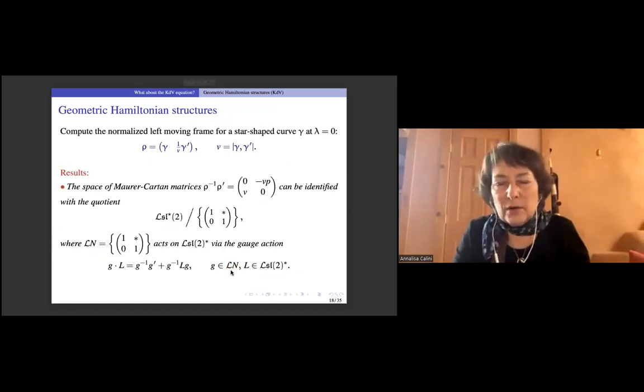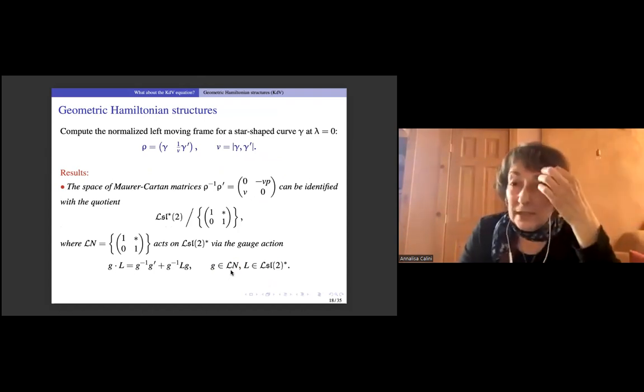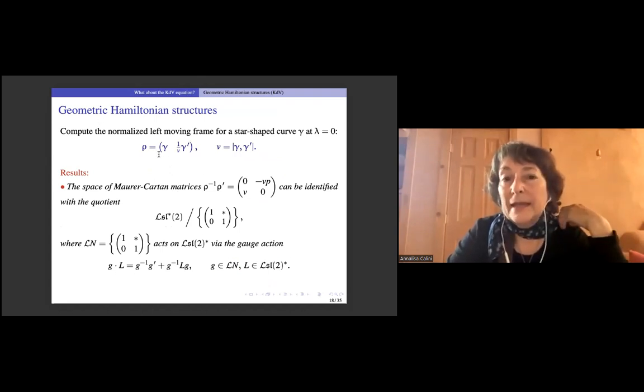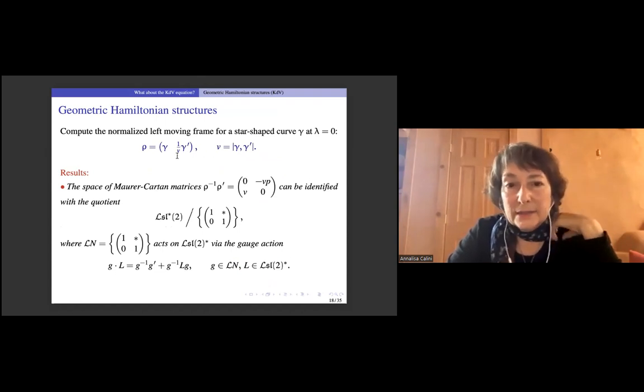So the way it works in a nutshell, I know this is a little technical, what we do really is we look at a moving frame. Now there it is, lambda equal to 0. I did not choose arc length, so now the centroaffine speed is coming in. And once you look at the matrix of invariants, what is known in geometry as the Maurer-Cartan matrix, that can be identified as an element of a certain quotient of the loop algebra by a normal subgroup through a certain gauge action of your group.